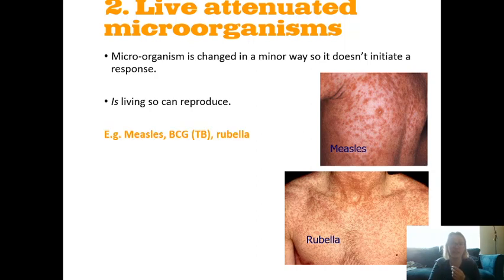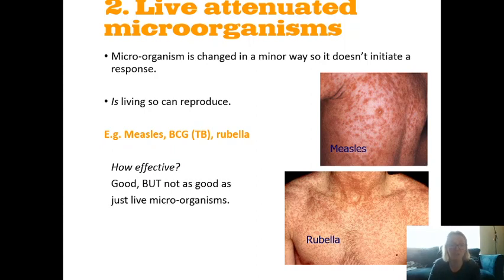It is living, so it can reproduce as well. So that includes measles, the TB jab, so BCG, and the rubella jab as well. Again, pretty effective, but not as effective as the first one that we looked at with the live microorganisms, but still pretty good.